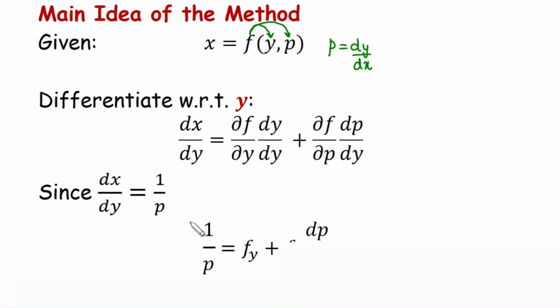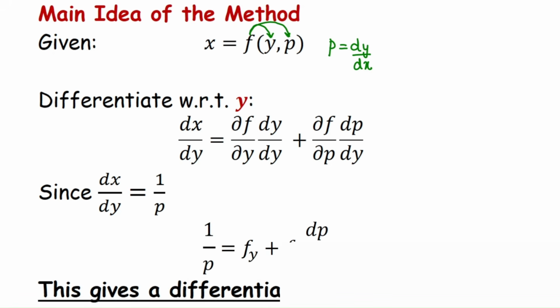Substitute here and it results in a first order differential equation in terms of y and p. Why first order? Because we are getting the derivative of p with respect to y. And we can solve this equation with the methods of first order differential equations that we have already learned.